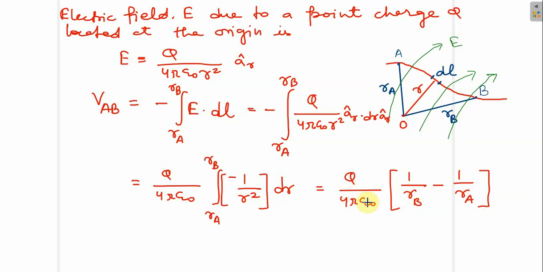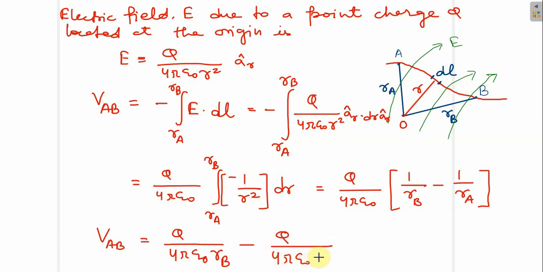More clearly, it is Q upon 4 pi epsilon 0 RB minus Q upon 4 pi epsilon 0 RA. So what is this term, and this term?